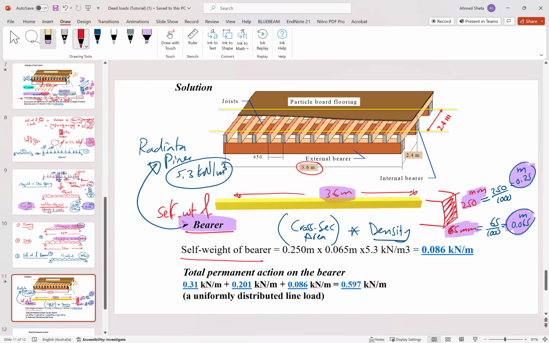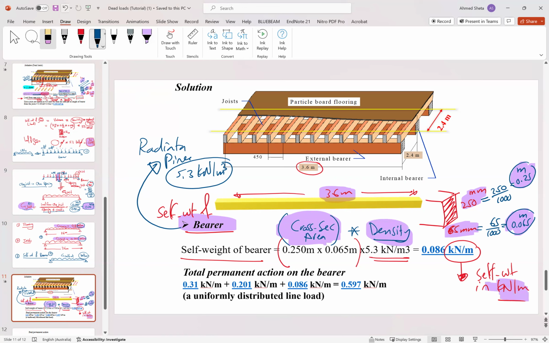So if we multiply the cross-section area times the density, we will get the load in kilonewton per meter. Here we need the self-weight in kilonewton per meter. That's why we multiply by the cross-section area. So cross-section area times density gives you the self-weight in kilonewton per meter.